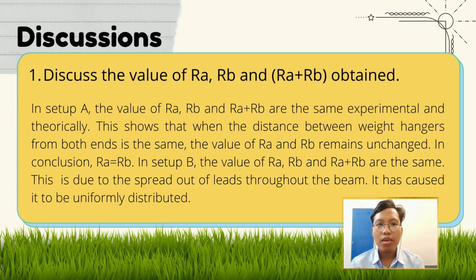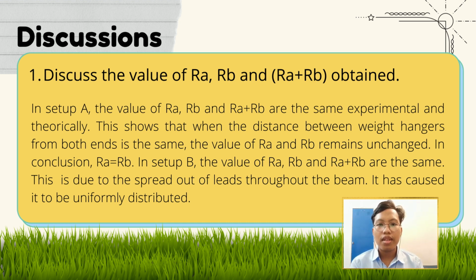Today, I will talk about a discussion in the experiment equilibrium of a rigid body. So, the first discussion is discuss how the value of RA, RB and RA plus RB can be obtained. In setup A, the value of RA, RB and RA plus RB are the same experimentally and theoretically.